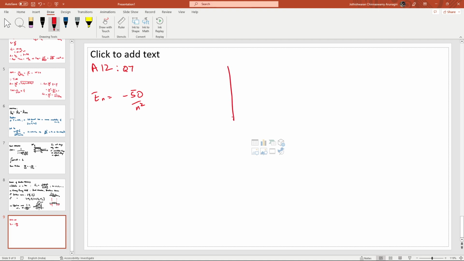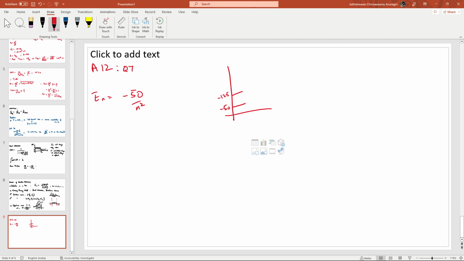So the energy levels are like this. Initially it is minus 50. After that it is minus 50 by 4, so that will come out to be minus 12.5. And after that the difference should become closer, if I'm right.